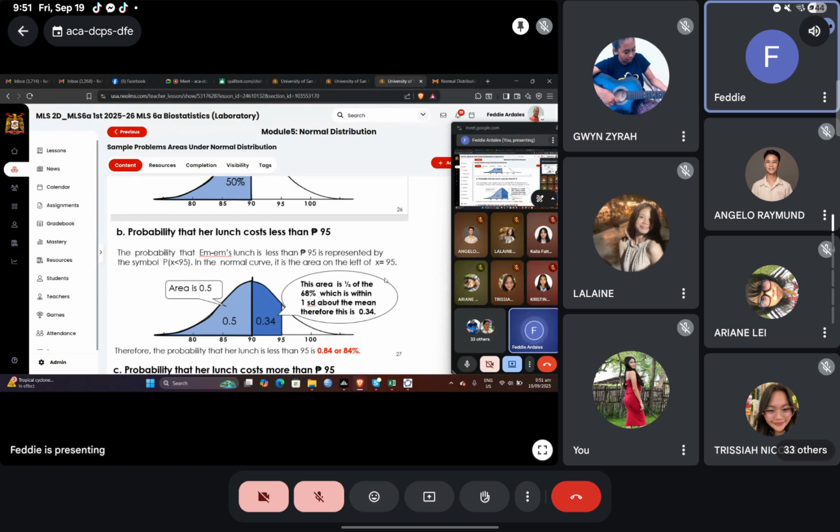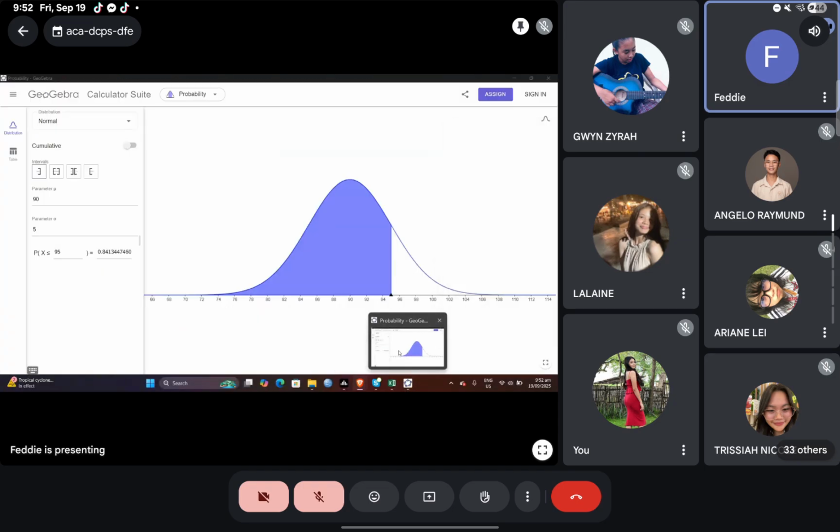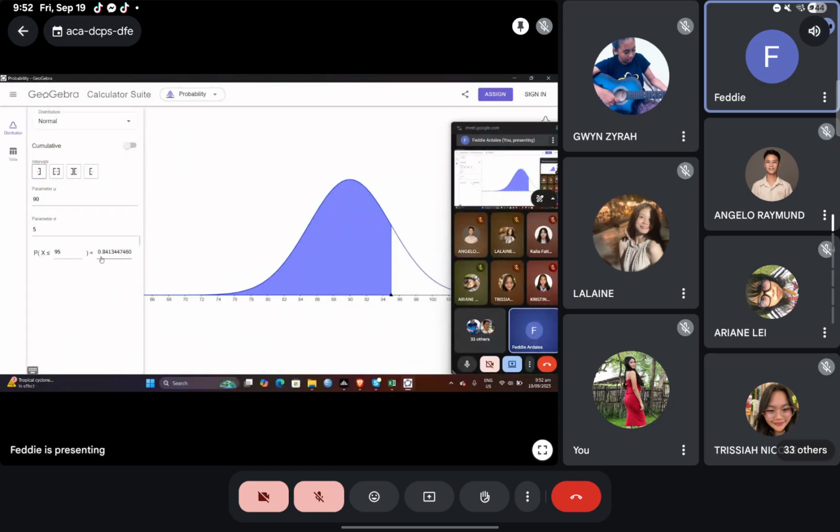Thus, we can say that the probability that her lunch costs less than 95 is approximately 84%. If we use your software or GeoGebra here, it will give you the same, approximately 0.84, which is close.